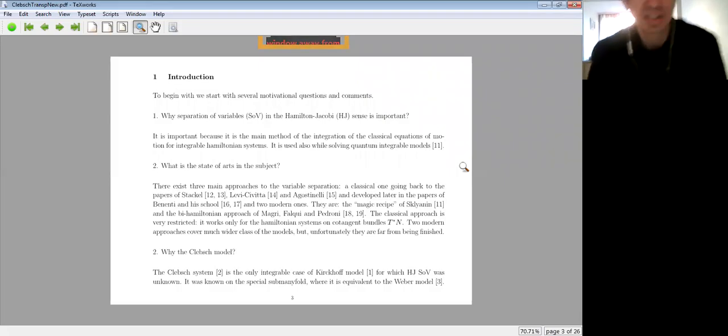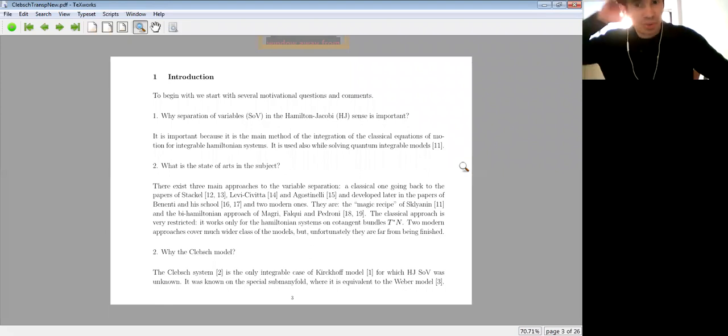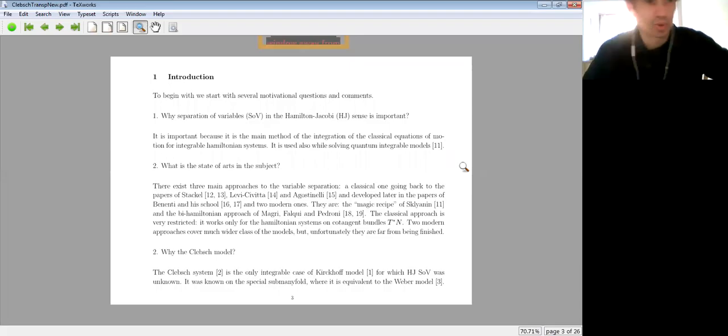Now, another natural question: why the Clebsch model? Well, the Clebsch model is the only integrable case of the Kirchhoff model of the motion of a rigid body in a liquid, for which Hamilton-Jacobi separation of variables was unknown for almost 1.5 centuries.